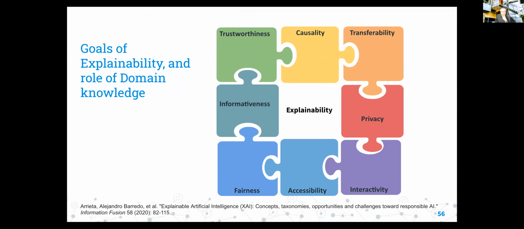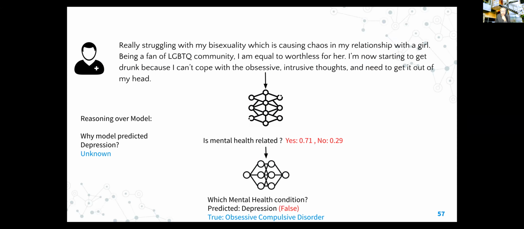I am just going to give you one example. The question is: is this post mental health related? The answer is yes. Then which mental health condition? It predicts depression, which is wrong. The correct answer is obsessive compulsive disorder. So this is our baseline.